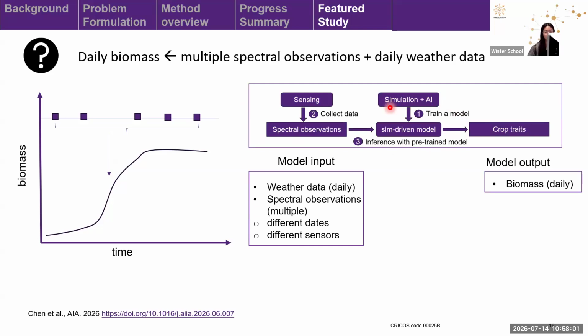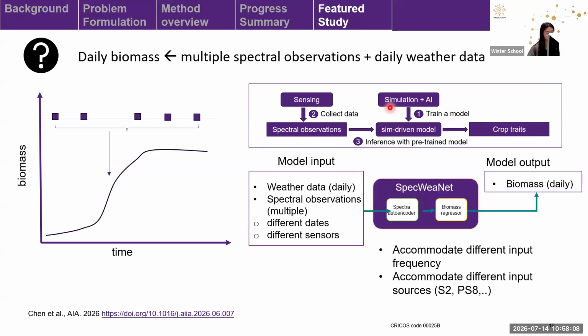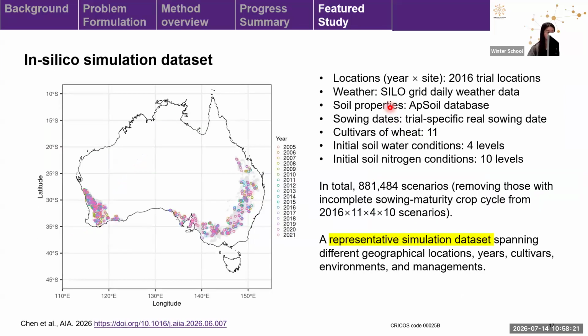And the model output would be the biomass at daily scale as well. And then to do this conversion, we developed a SpecRedNet model. It's a two-stage model. It can accommodate different input frequencies and also different input sources.